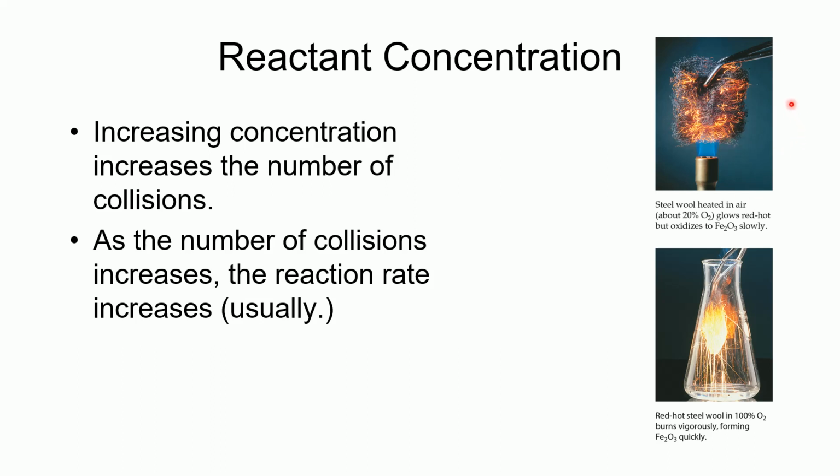It is in air, and since air has a concentration of oxygen at about 21%, we'll find that the reaction goes fairly slowly. So the iron that is in the steel wool will get oxidized, but it goes fairly slowly. If, however, we take that burning piece of steel wool and plunge it into pure oxygen, the reaction rate will go much, much faster and burn much more vigorously. So that's always a fun experiment.